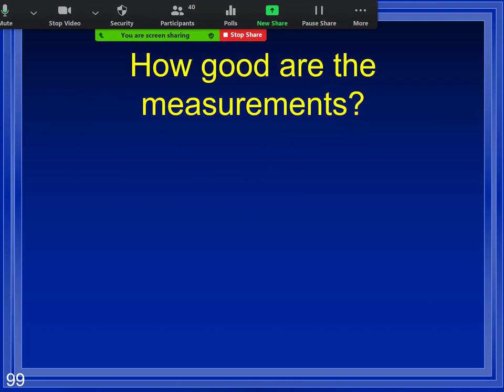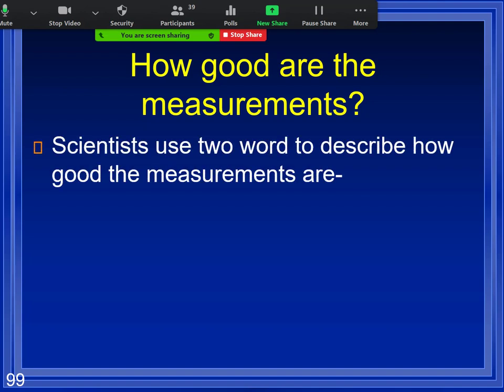So sigfigs are about how much you can trust your data, how much you can trust your measurements, how good your measurements are. Well, scientists, when they talk to each other, need to describe how good their measurements were.